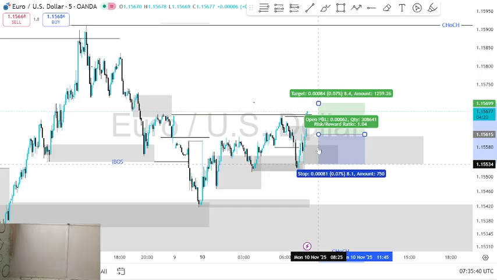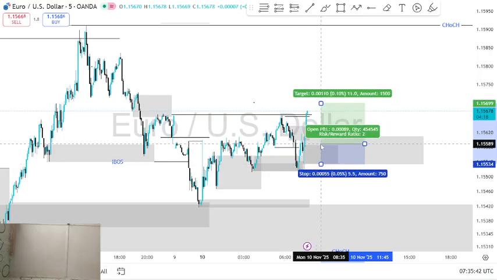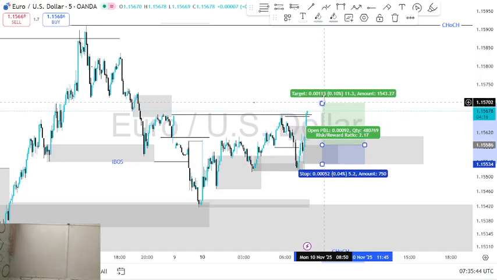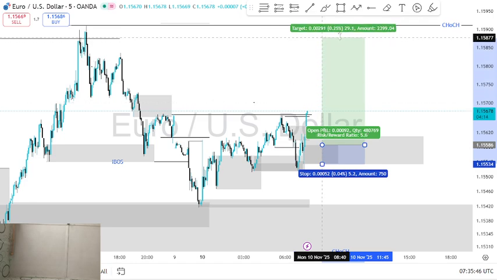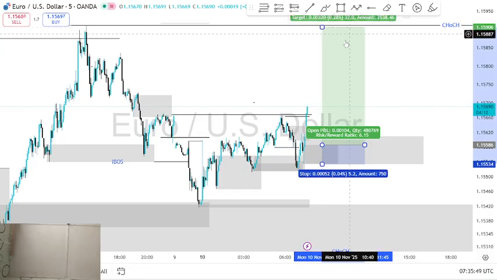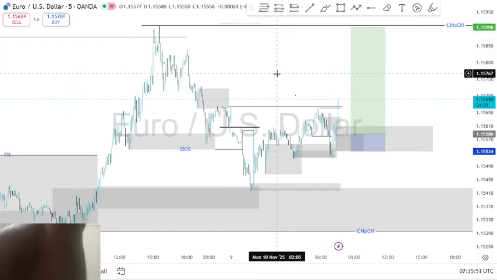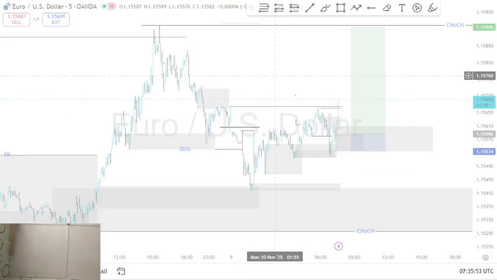So this one will be 8 pips. When price comes into here, I will be 5. If I target the highs, it will be 6. So let's go back to the 15 minutes.